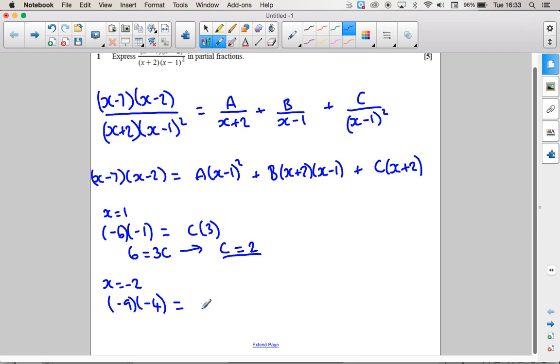When I put minus 2 into here, I'm going to have a bracket minus 3 squared. This term will disappear again because this part will be 0, and obviously the C term will disappear too. So we've now got that 36 equals 9A, which leads to us knowing that A must be 4.